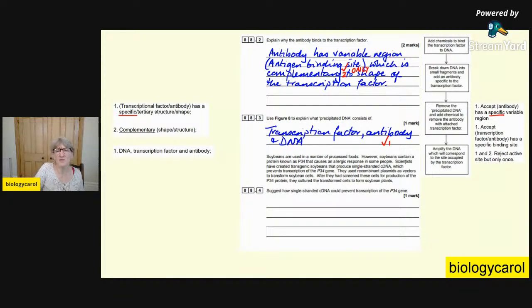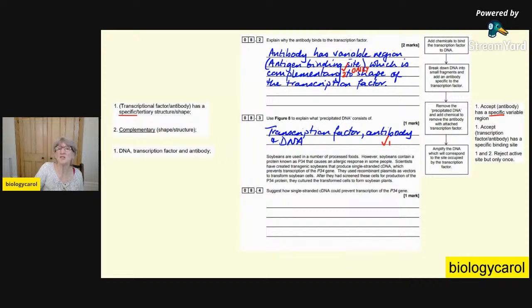Soybeans are used in a number of processed foods, they contain a protein known as P34, which causes an allergic response. Okay, so we don't want P34. So they've created a transgenic soybean that produces single-stranded complementary DNA, which prevents transcription of the P34 gene. All right, okay, weird, but true.